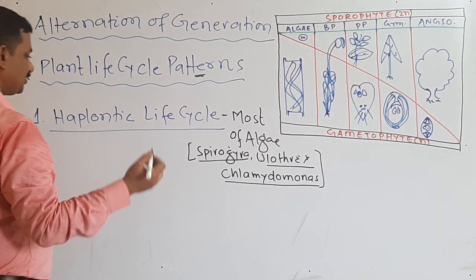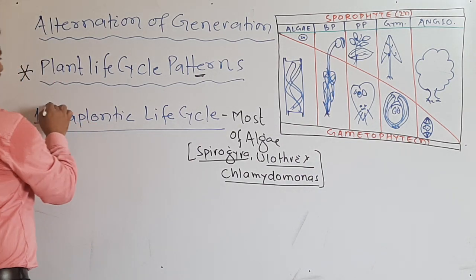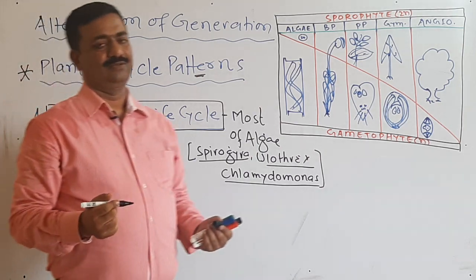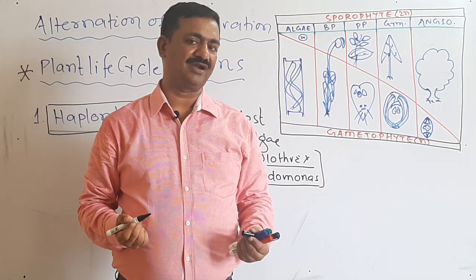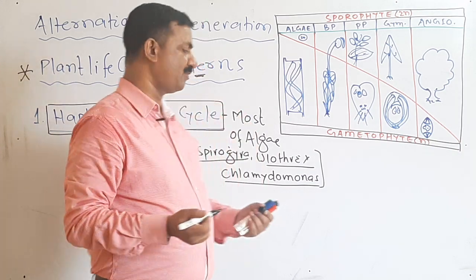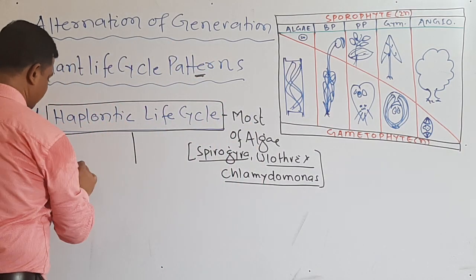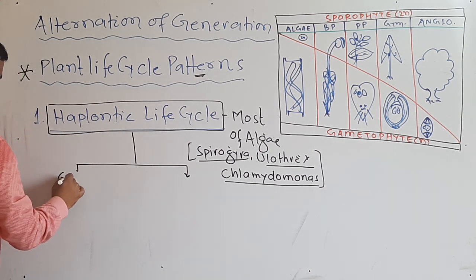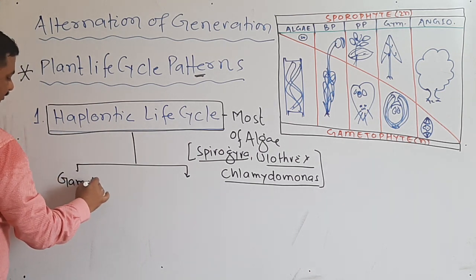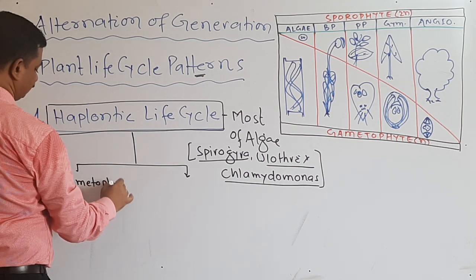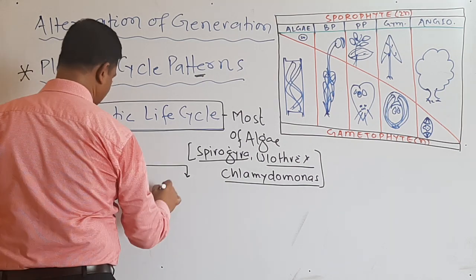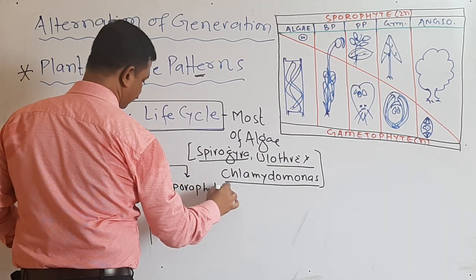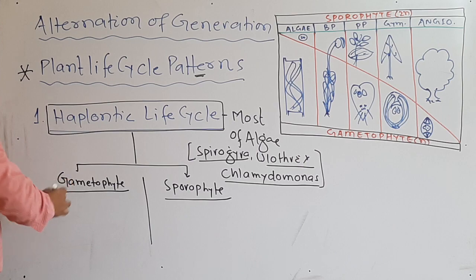See, as I told you, whatever the life cycle pattern, we have two important bodies. One is the haploid body, another is the diploid body. If you are talking about the haplontic, the first stage is the gametophyte and the second stage is the sporophyte. Now this is very crucial.